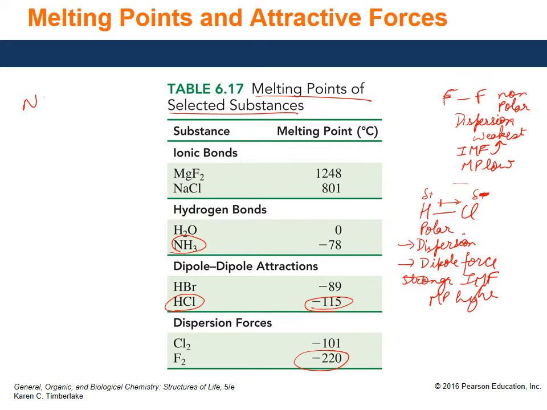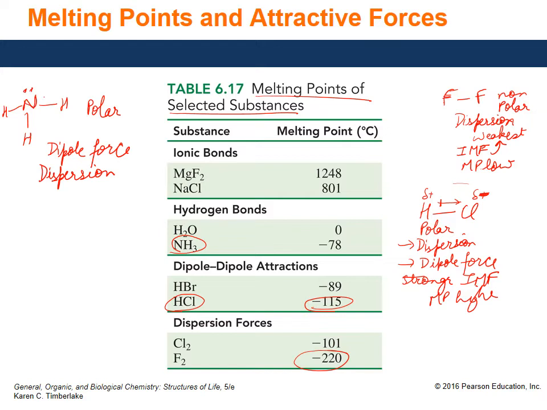If we talk about something like ammonia, what happens in ammonia? Ammonia is again a polar molecule, if you remember. So if this is polar, it would consist of dipole-dipole force. It will also consist of dispersion force irrespective of what molecule it is. And hydrogen here is bonded to nitrogen.